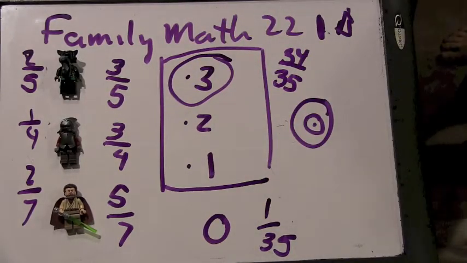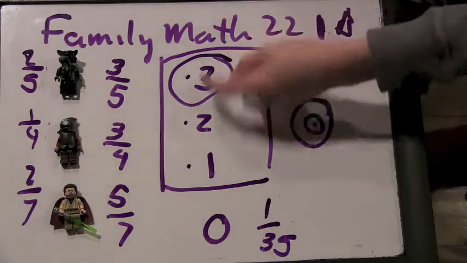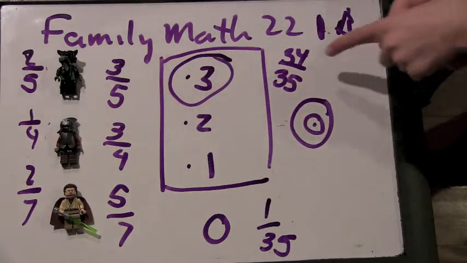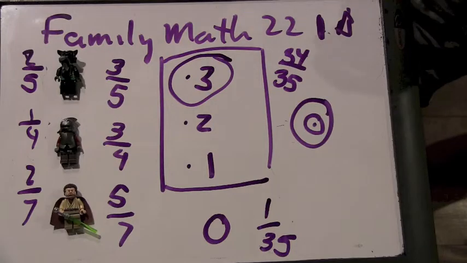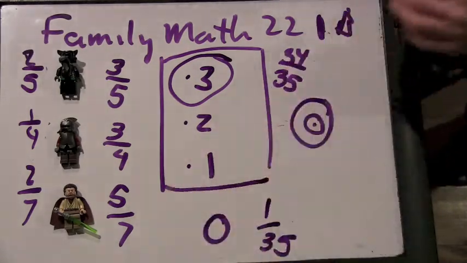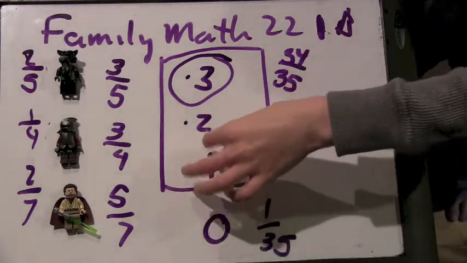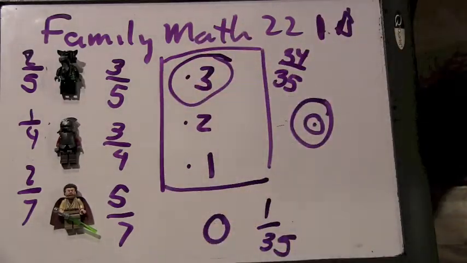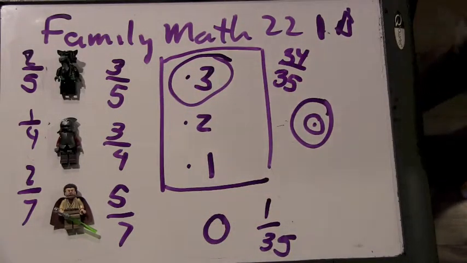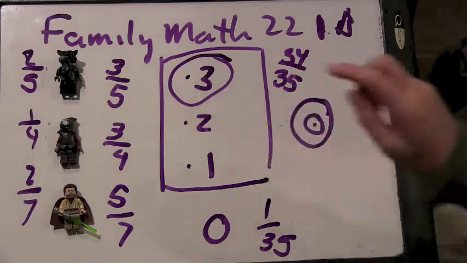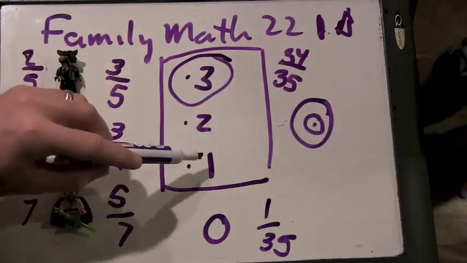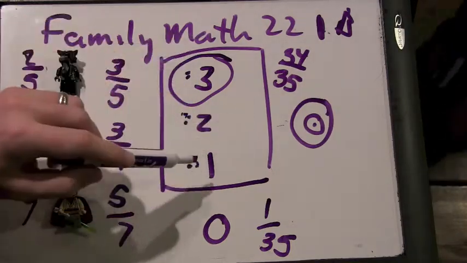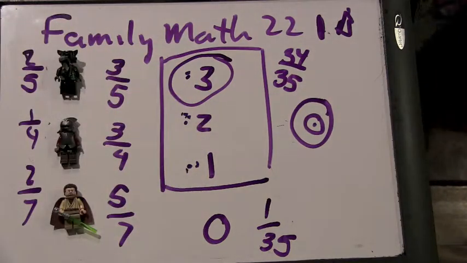All the probabilities have to add up to 1. So you just have to divide these up into a number of 35ths, where this number is double that number, and this number is triple. Not quite, actually, because it didn't say you had to calculate each one individually. Your brother is pointing out you don't have to calculate each one of these individually, and they might not be in the ratio of 1 to 2 to 3. We don't know for sure.